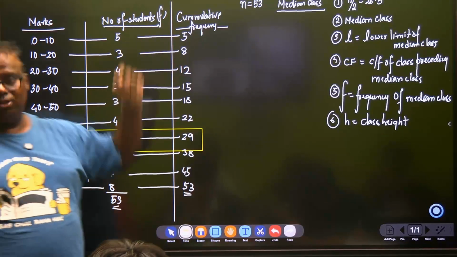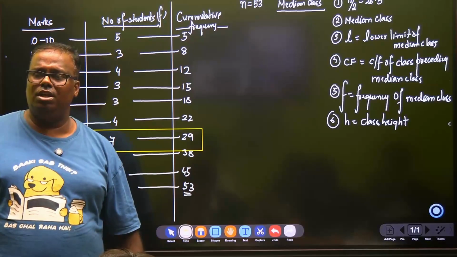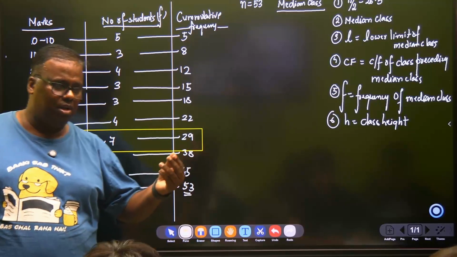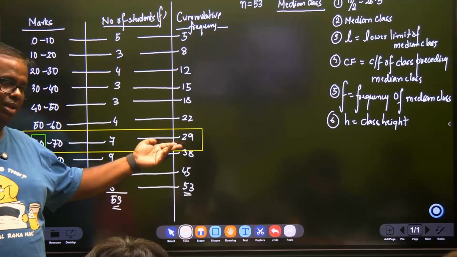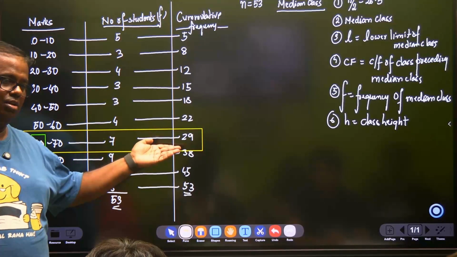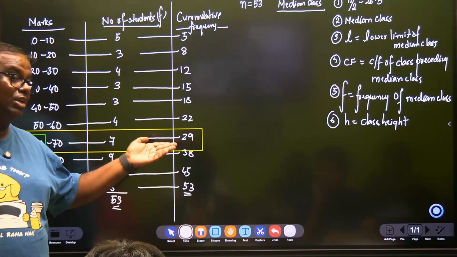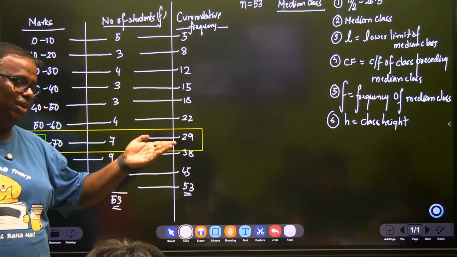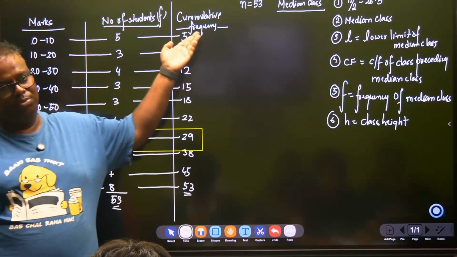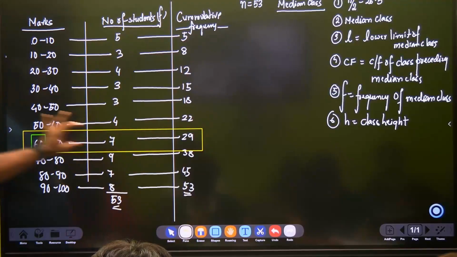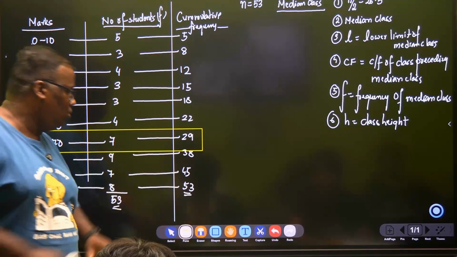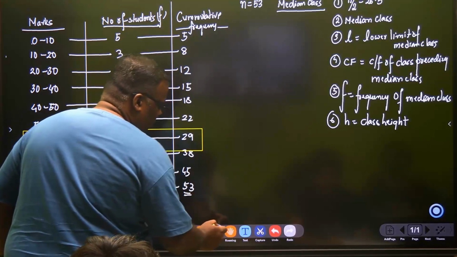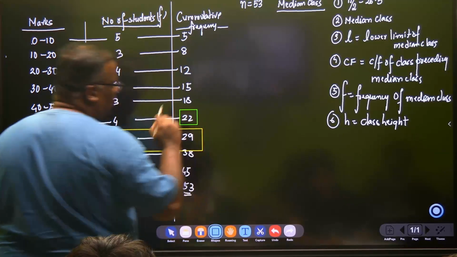Then you do N by 2. Your N by 2 may be a whole number or a decimal. You look for a number which is greater than that in the CF column and nearest to it. Idea is what? Our culprit is in that number. So the ones before that are not our culprits, so we leave them. Then identify the median class, then identify the lower limit L. Then you also have to have the cumulative frequency of the class preceding the median class.